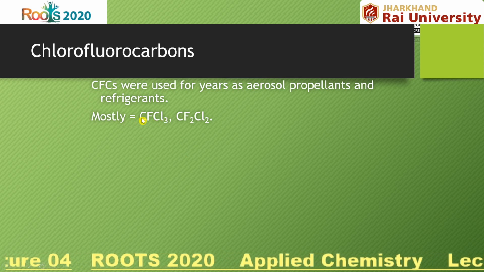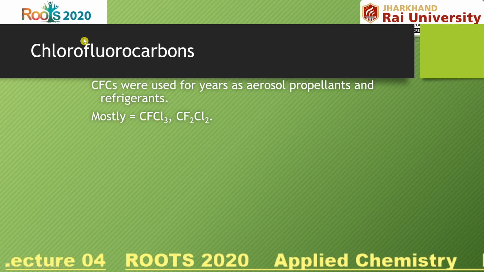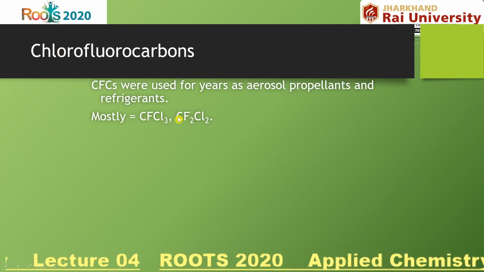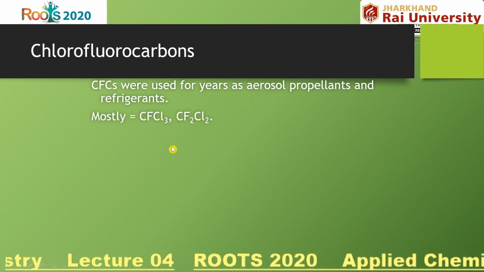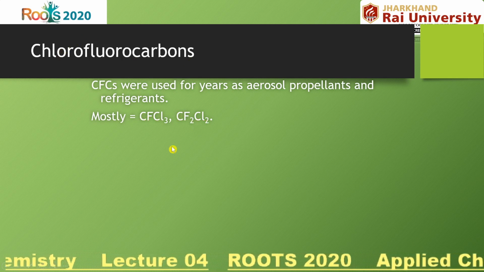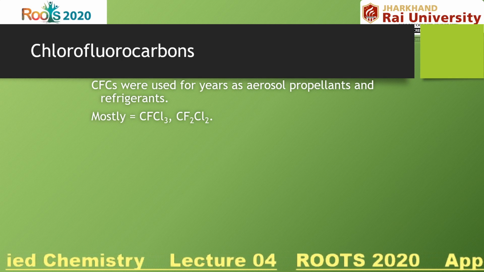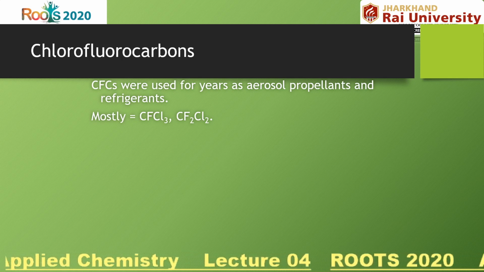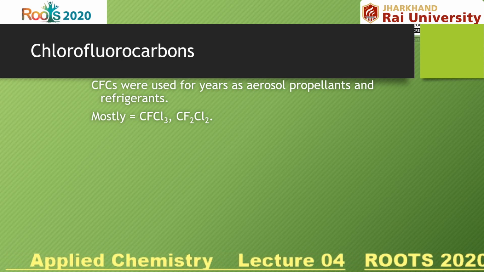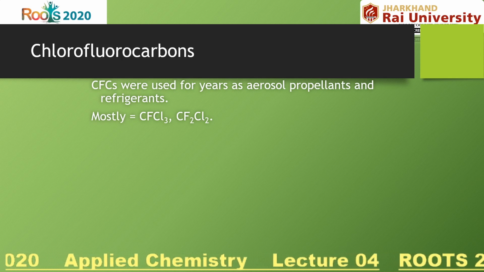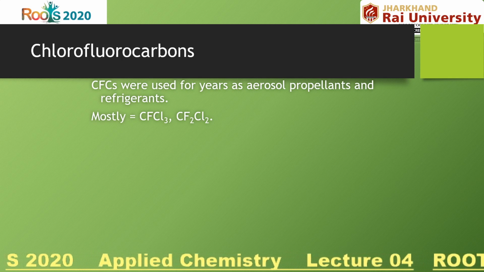CFCl3 means carbon, fluorine, and chlorine, as the name suggests. So, to be a compound named chlorofluorocarbon, it must contain three elements: chloro means chlorine, fluoro means fluorine, and carbon means carbon.